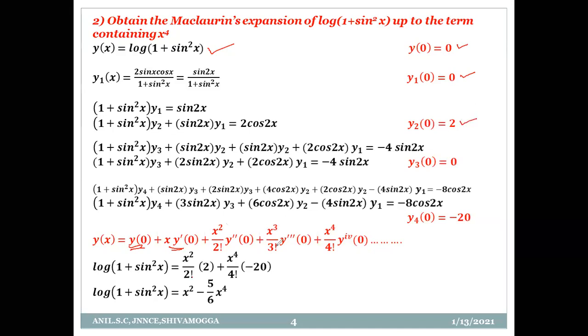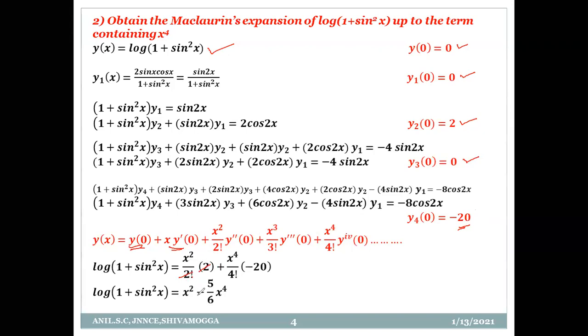Plus x cube divided by 3 factorial into y triple dash 0. Y triple dash 0 is 0. 0 into anything is 0. Leave it. Plus x power 4 divided by 4 factorial into fourth derivative. Fourth derivative is minus 20. Here, 2 factorial means 2 into 1, 2. Cancel this 2 with this 2, you get x square.